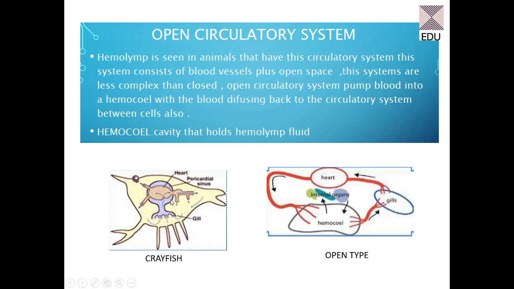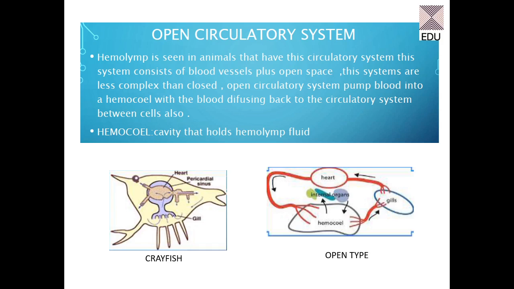So from the pericardial sinus, how does the hemolymph go into the heart? Now this is a very, very important question. If you see this particular diagram of the crayfish, the question is how it goes into the heart from the pericardial sinus.